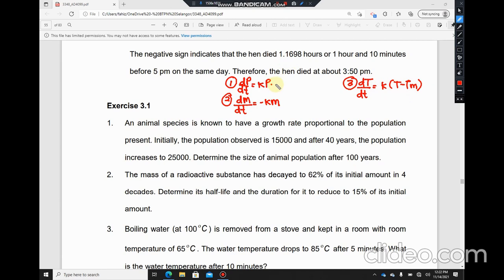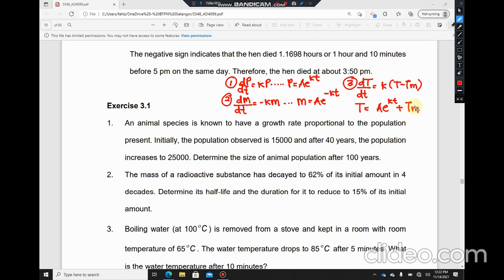Yang ni awak akan buat sampai dapat equation P equals to Ae^kt. This one pun dia akan dapat M equals to Ae^-kt. And then yang ni awak akan dapat temperature equals to Ae^kt plus Tm.